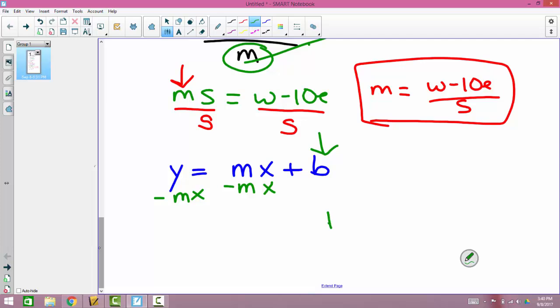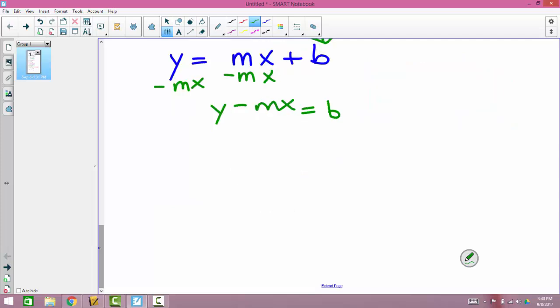So b equals y minus mx. You could also rewrite that with the b on the left. And you could have the negative mx first and then a plus y. Those mean the exact same thing.